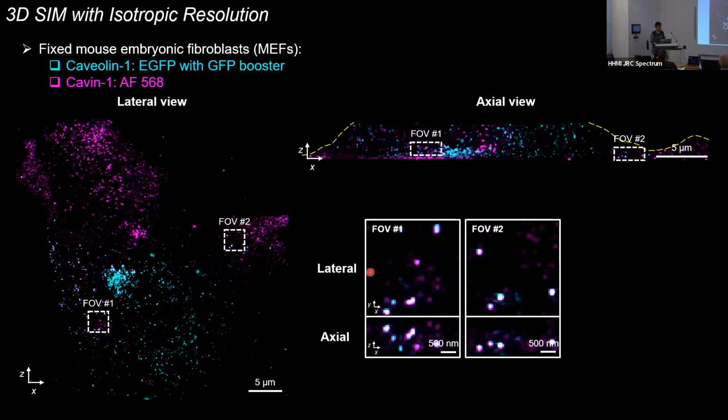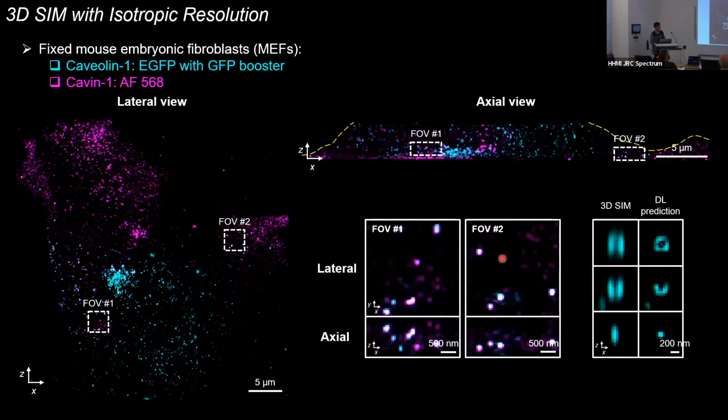If we look at the deep learning prediction of the caveolar one, it's actually quite interesting because it appeared to resolve ring-like structures. That is the 3D SIM input. That is deep learning, and some semi-partial, or say partial, ring structures, right? And some spherical puncta, or say dot-like structures.